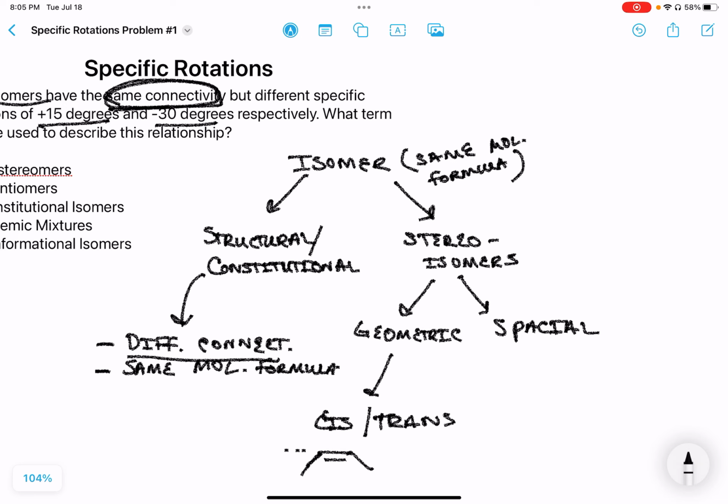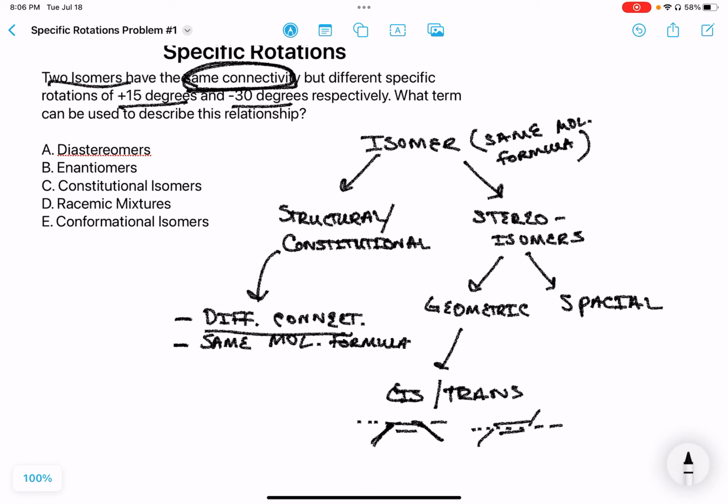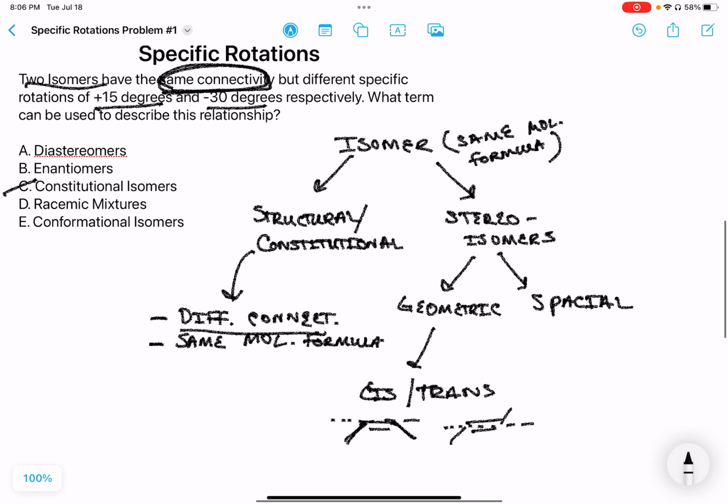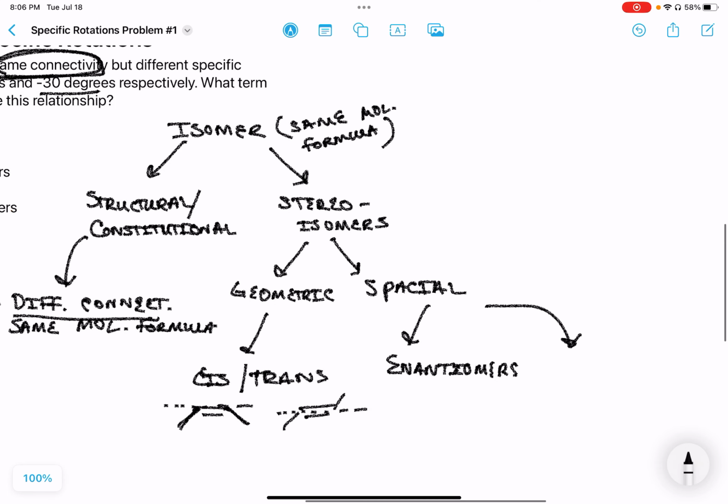Cis means they are on the same side of the axis, versus trans, which means they are on opposite sides of that axis. Spatial would have enantiomers and diastereomers.